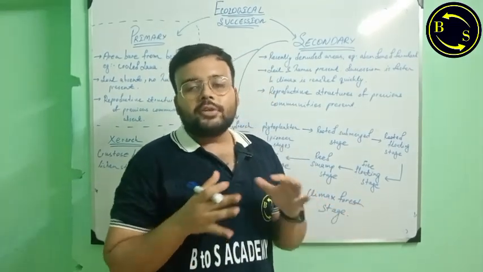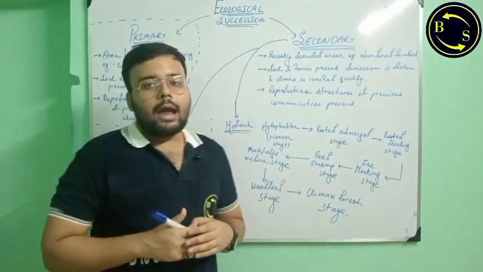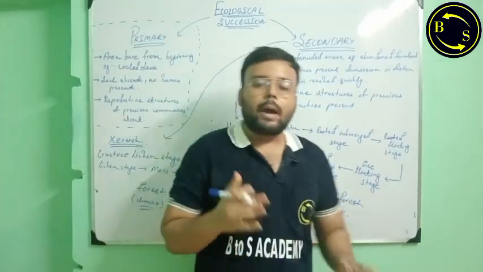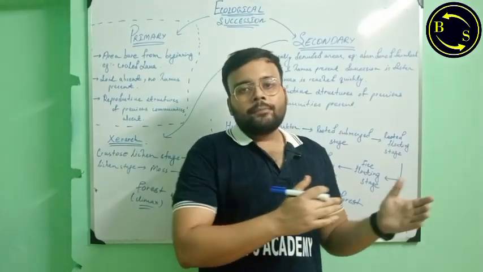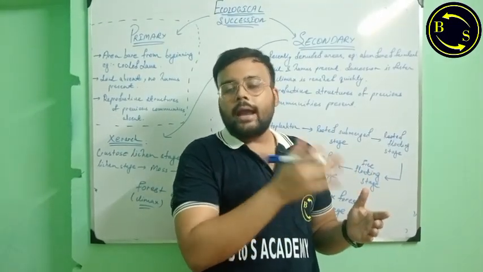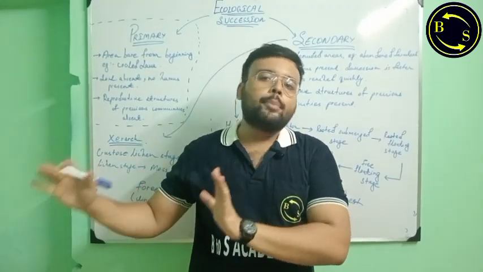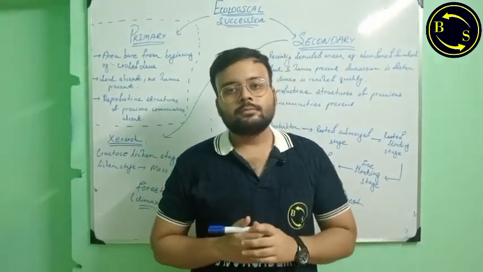These organisms which do the hard work are known as the pioneer species, and from the pioneer species or the pioneer communities or the pioneer stage, gradually newer communities take over and they push the previous communities, the pioneer communities, to the fringes.